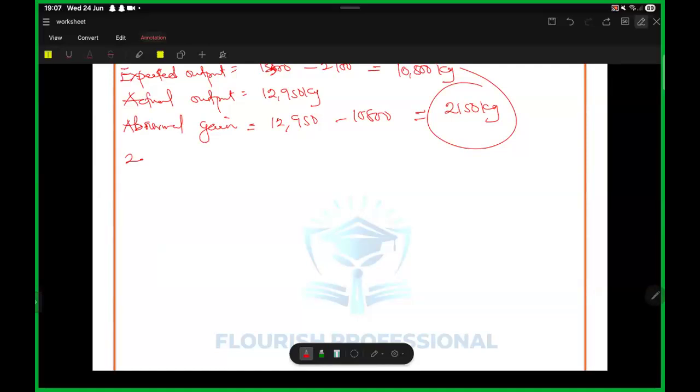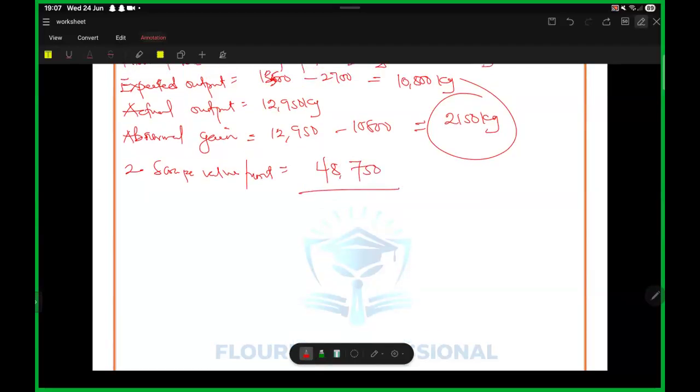To determine the unit price, we are told that the scrap value can be sold for 48,750. So this is what we do to determine the scrap value per unit: it is going to become the total scrap value that we can sell, 48,750, divided by the normal loss here, which was 2,700.